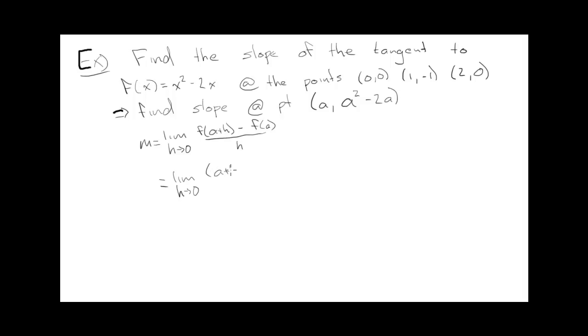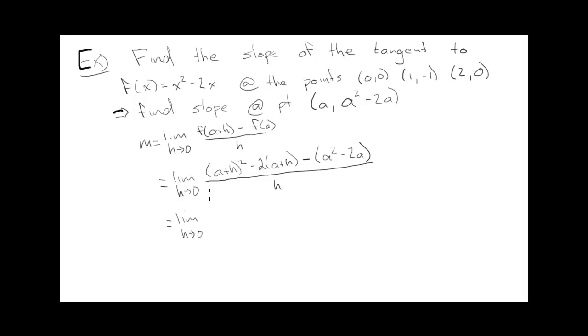So a plus h squared minus 2 times a plus h, minus f at a. F at a was just this. Put it in a bracket. All over h. Limit as h goes to 0.